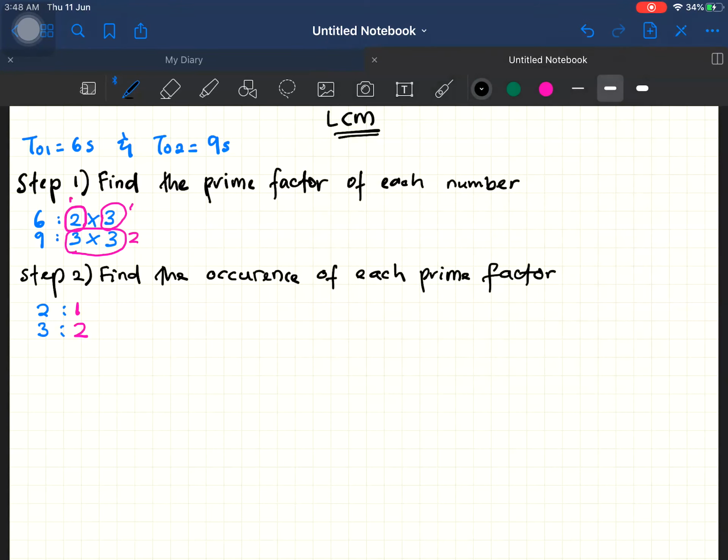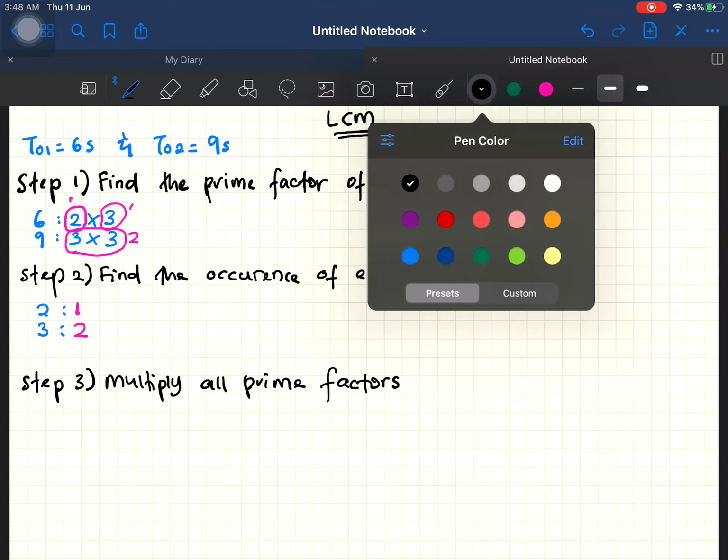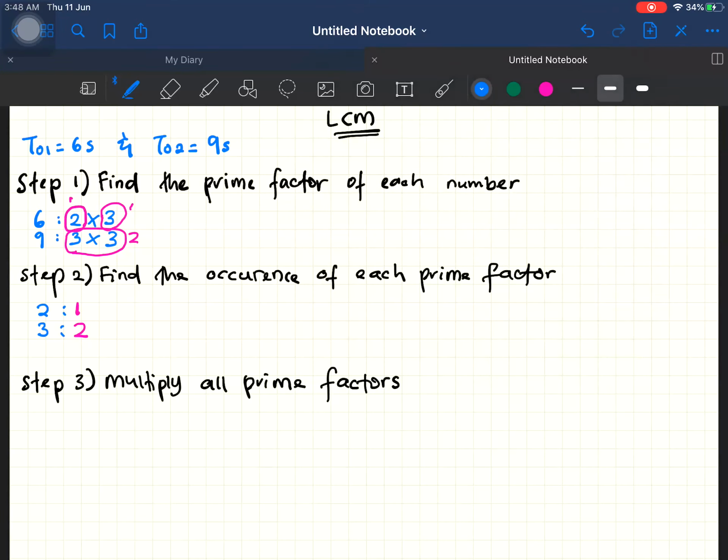Then step 3, you want to multiply all prime factors. However, it is not simply multiplication. This is how you multiply them: 2 to the power of 1 multiplied by 3 to the power of 2. This is 2 multiplied by 9, so you get 18.